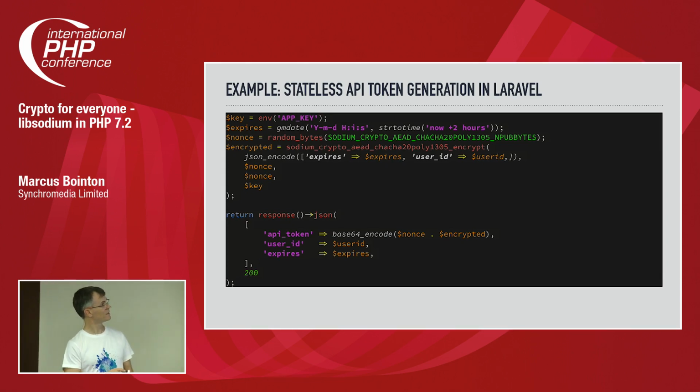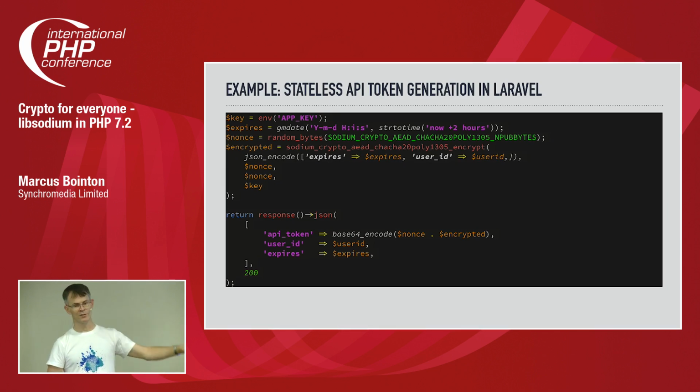So here we have a user ID, and we do a JSON encode, and I've just used ChaCha20 secret key encryption to encrypt it. I just tack the API token with the nonce and the encrypted content into the key that's passed back after somebody's logged in.